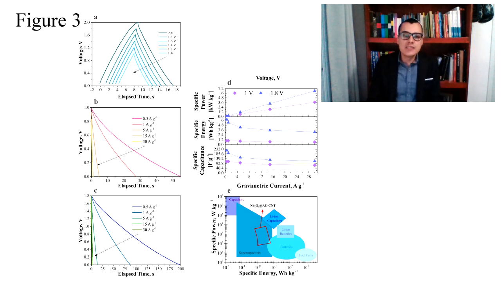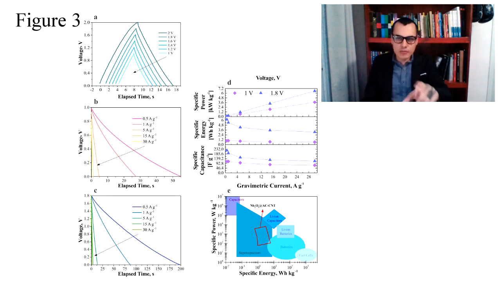Besides that, the GCD result shows an increase in charging and discharging time with increasing cell voltage, thus indicating the increase of capacitance and energy density. The performance of the device was also tested under various values of gravimetric currents, as you can see in figure 3b and c.